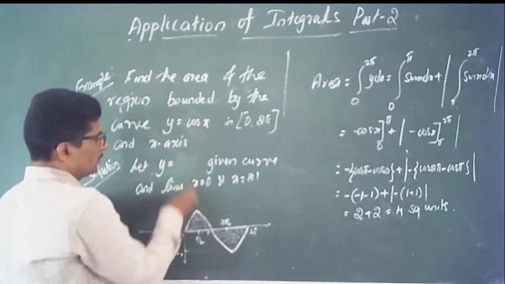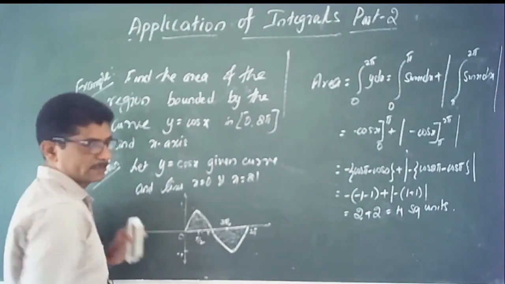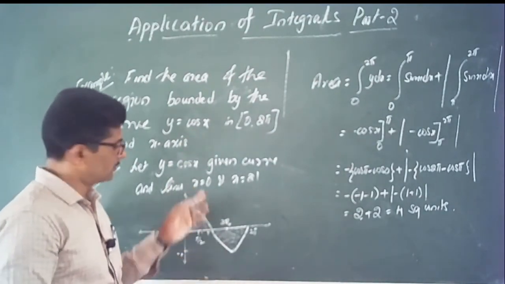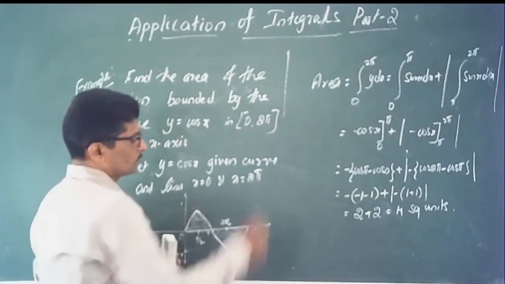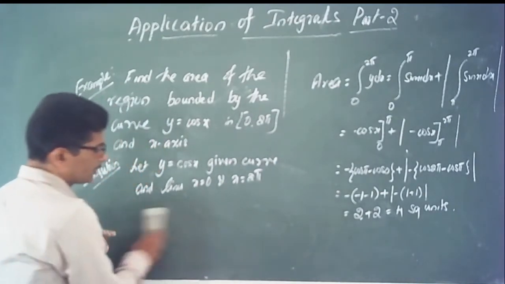Here the given curve is y is equal to cos x, and the boundaries are x equal to 0, x equal to 2 pi. Is it clear? Now the figure changes. We have drawn the curve last year.